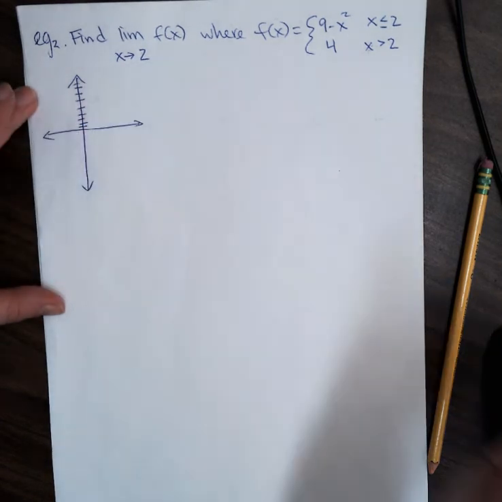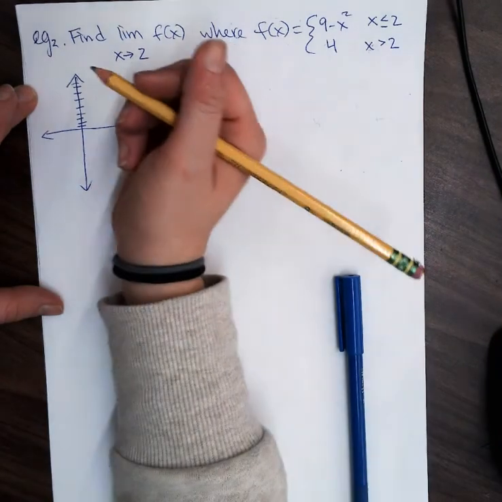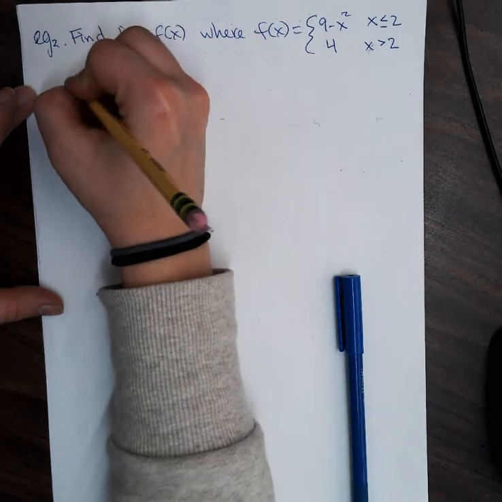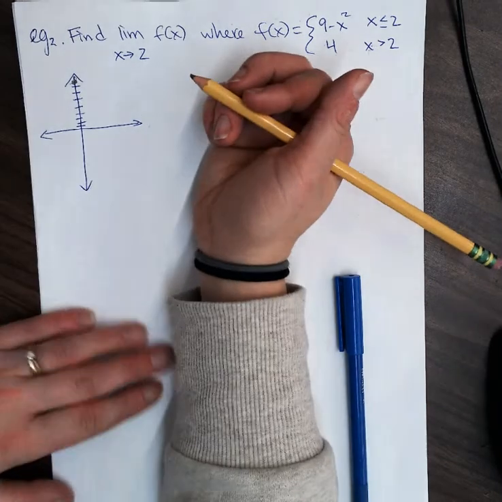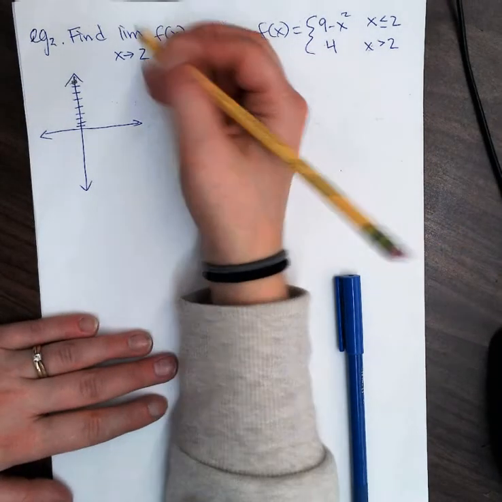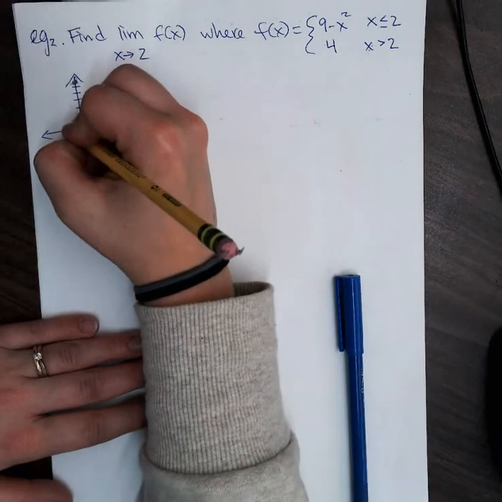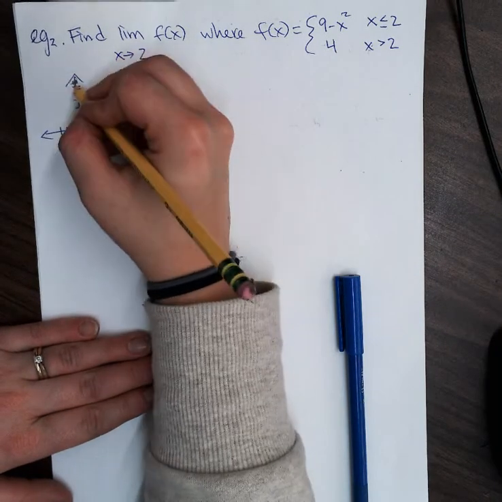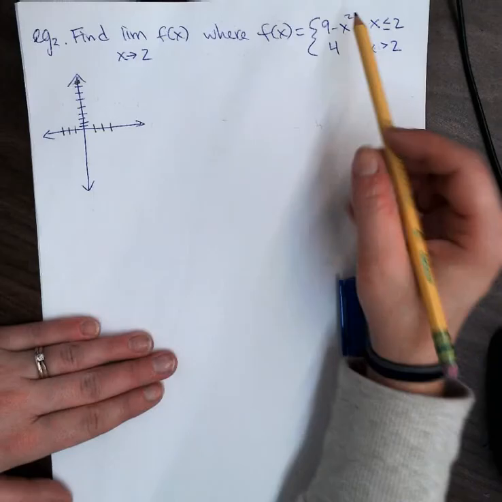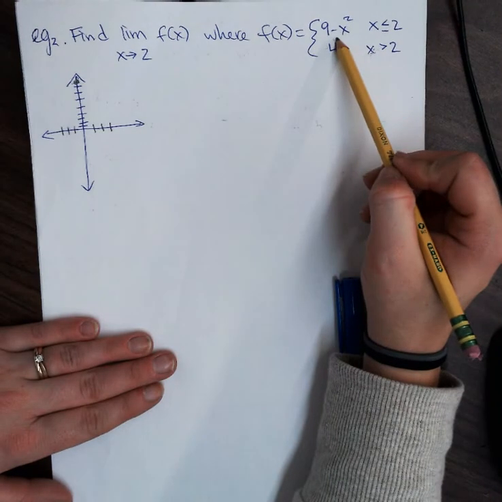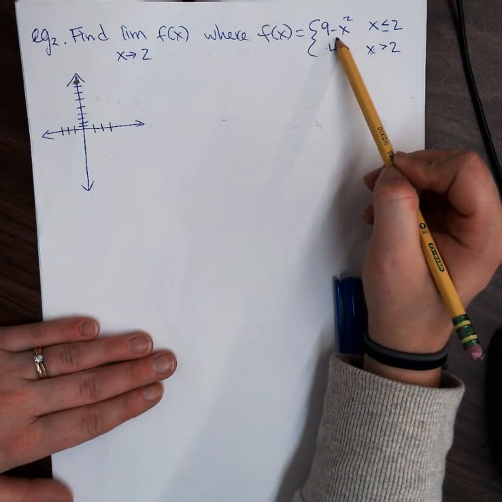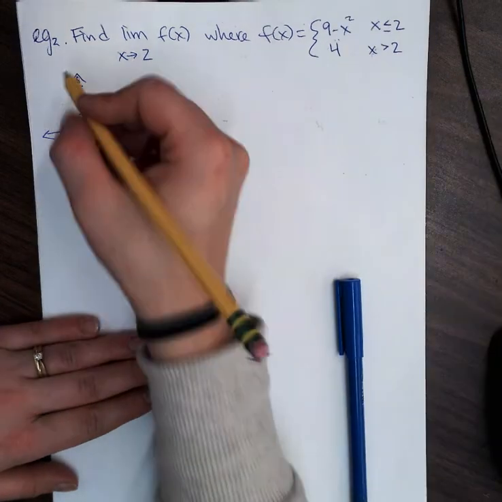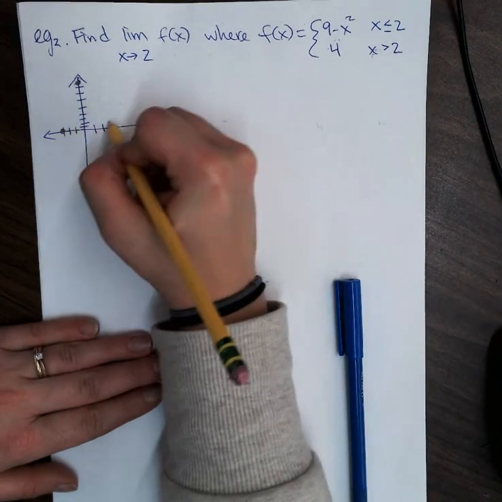Alright, so if we sketch the graph of 9 take away x squared, we know that that's a parabola with a vertex of (0, 9), and we know it is going down and goes through negative 3 and positive 3. And if you don't know how we got that, recall that 9 minus x squared is a difference of squares, and to factor that we would say 3 minus x times 3 plus x, and that gives us our intercepts. So we have an intercept here and an intercept over here.